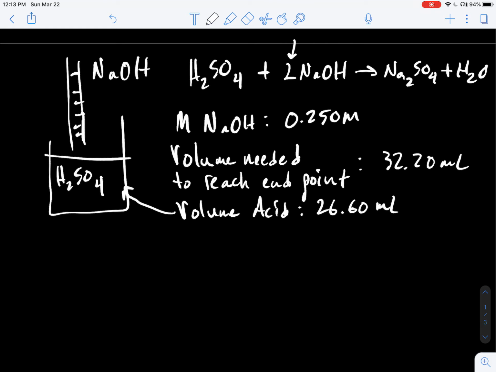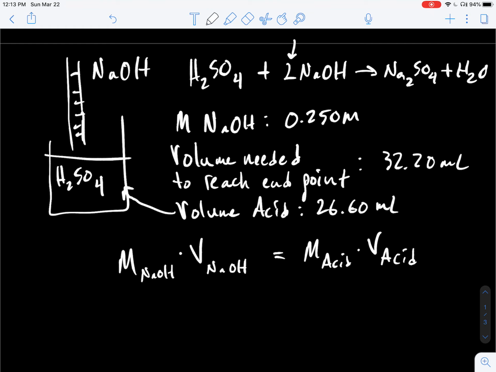Remember that equation that I gave you, the molarity of A times volume of A. So I'm going to put this in: molarity of the NaOH times the volume needed of the NaOH has to be equivalent to the molarity of the acid times the volume of the acid.